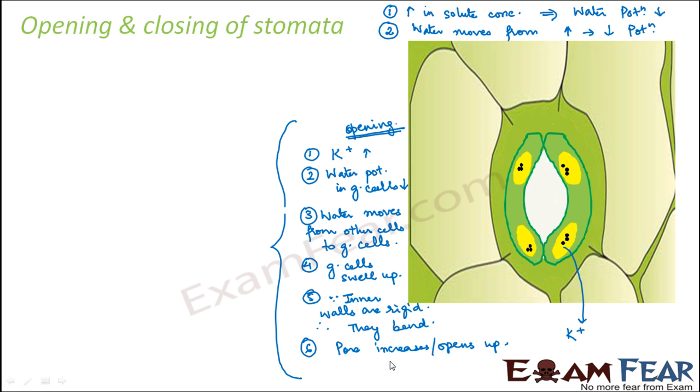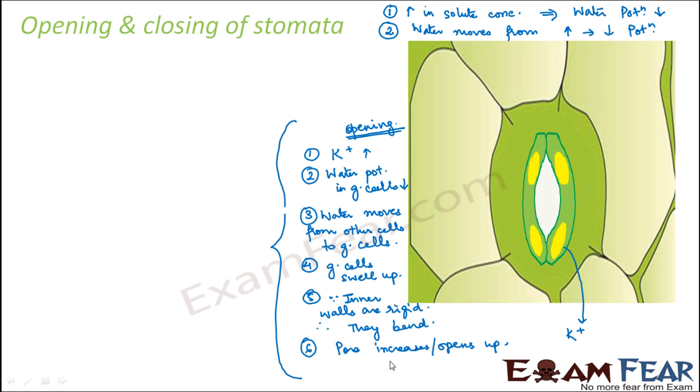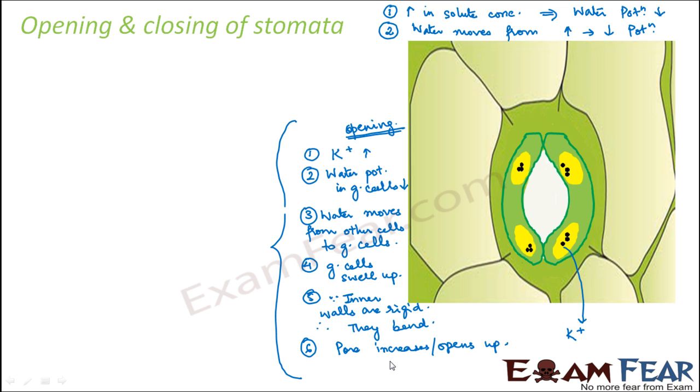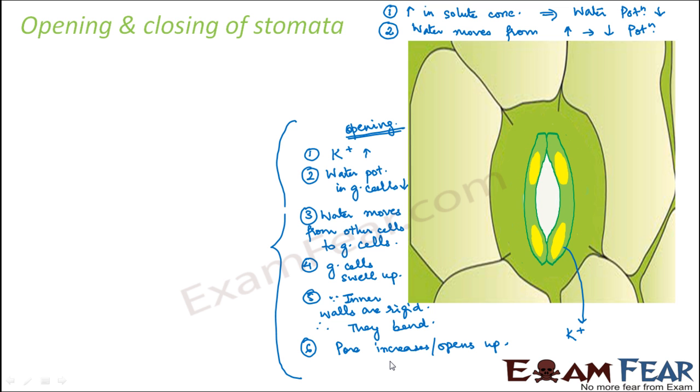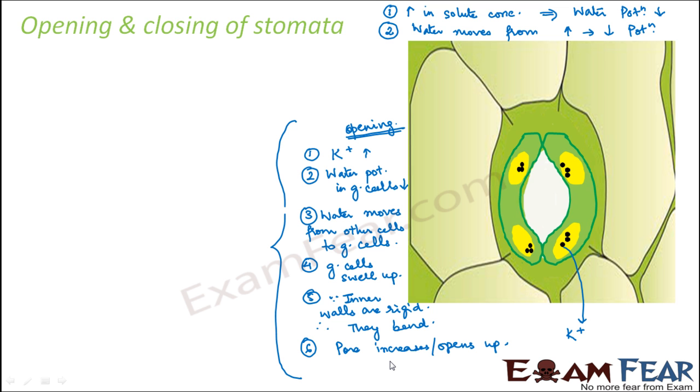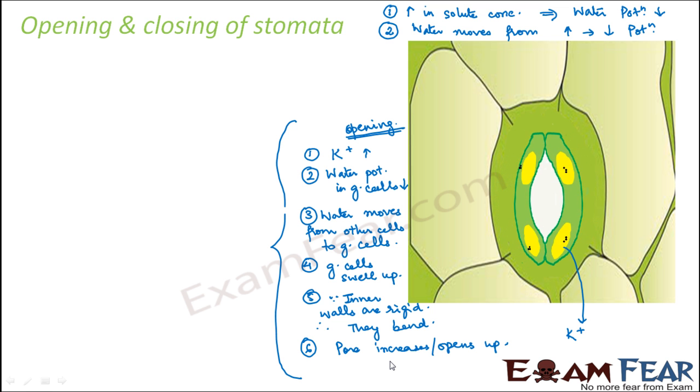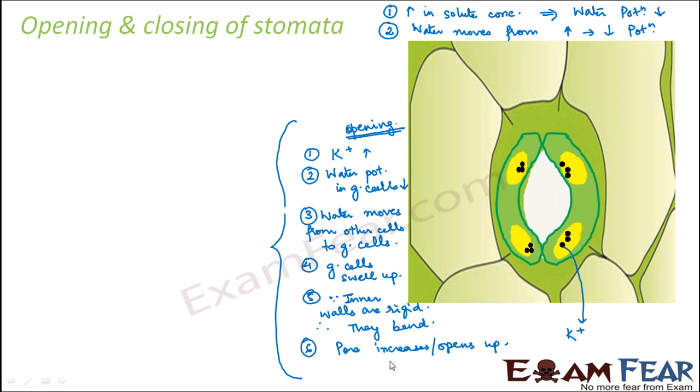In most of the plants it opens in presence of sunlight, but there are plants where the stomata open at night as well. So we can say that the presence of sunlight and the concentration of potassium ion is not the only factor which can govern the opening and closing of stomata. There are other factors as well. So let us look at the various factors that can influence the stomatal movement.